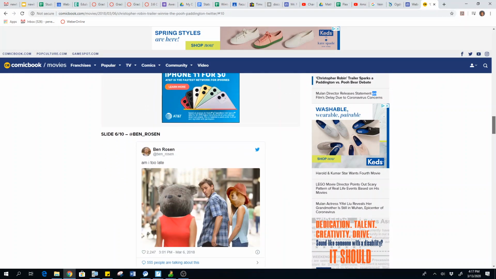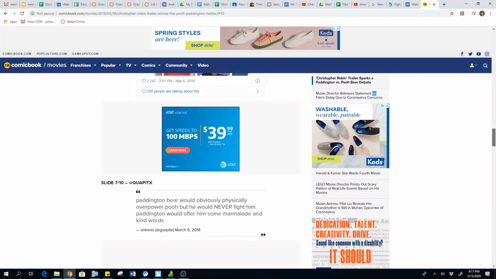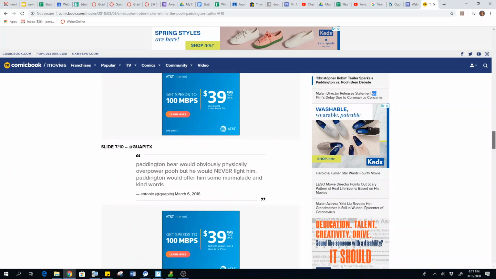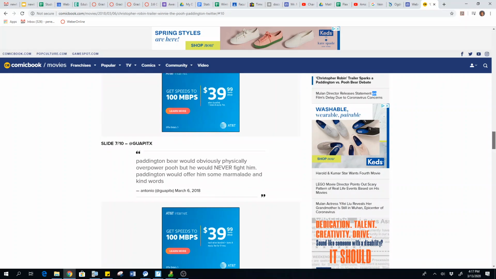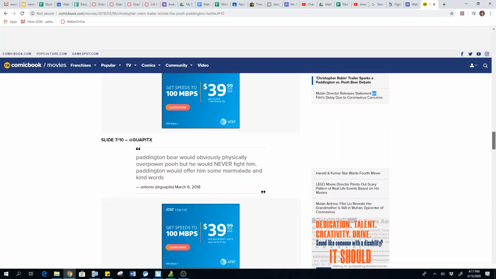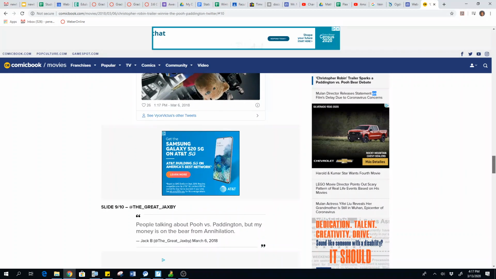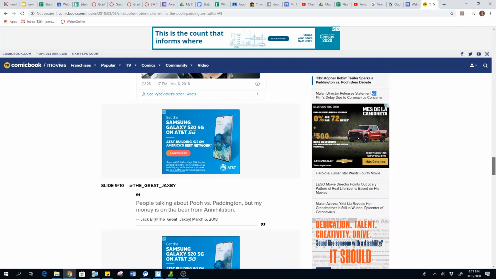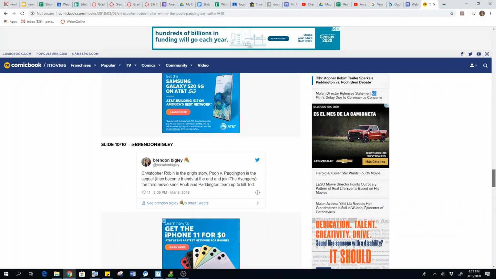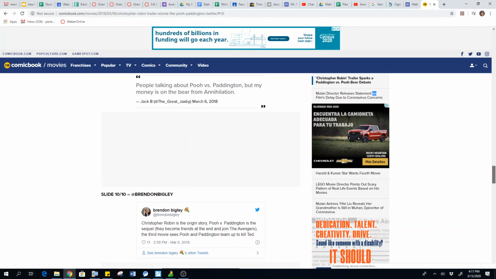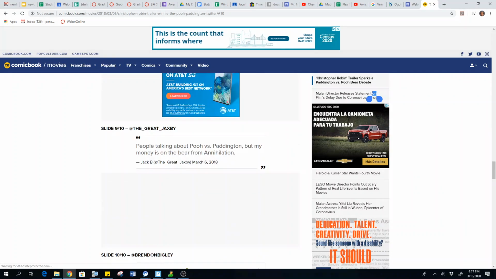Dawn of Justice, Pooh versus Paddington. Paddington Bear would obviously physically overpower Pooh, but he would never fight him. Paddington would offer him some marmalade and kind words. So I think they're just both going to get together with the Avengers and take out that teddy bear called Ted who has a bad mouth.